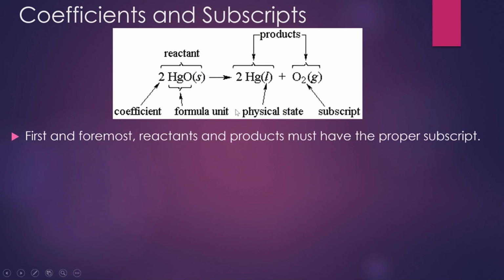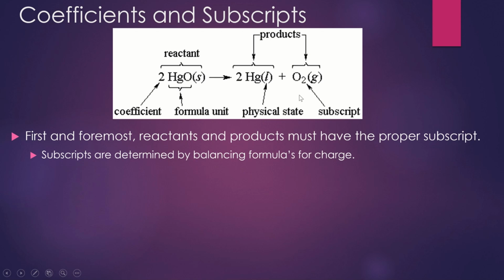First and foremost, when you're writing a properly balanced chemical reaction, you have to have the correct subscript. Recall from the chapter we did before the semester ended that in order to correctly balance with the subscript, you have to know the oxidation state of the atom. And that's how we balance our compounds. Don't forget about your diatomics. So for example, oxygen, when by itself, is a diatomic.